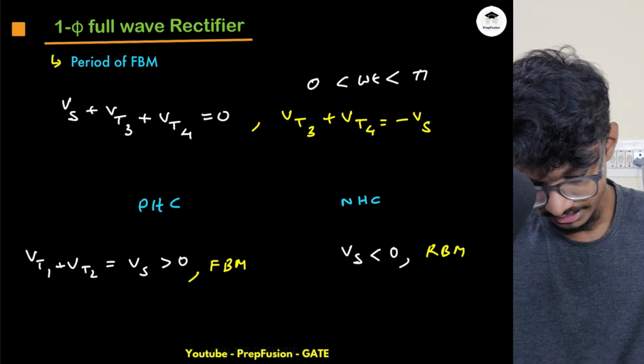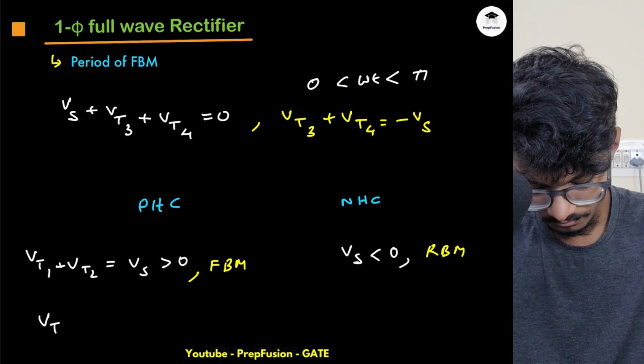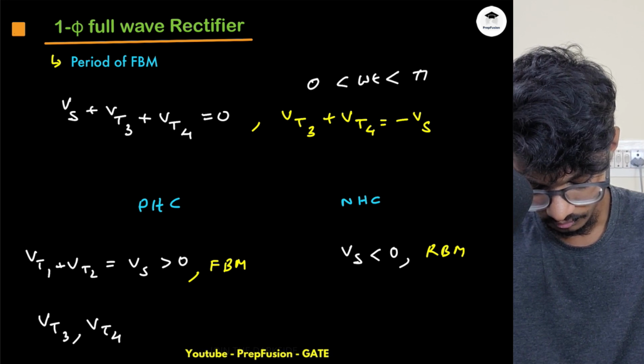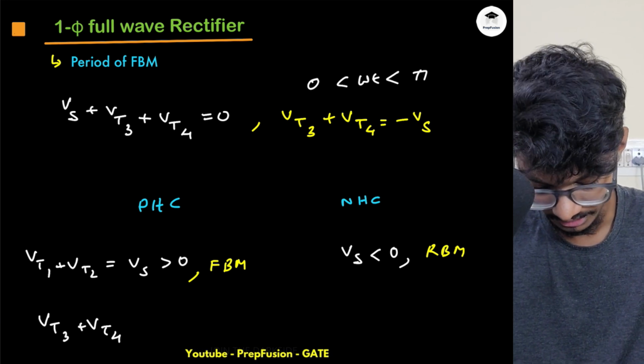And for the second thyristor pair, VT3, VT4, what will be the case?